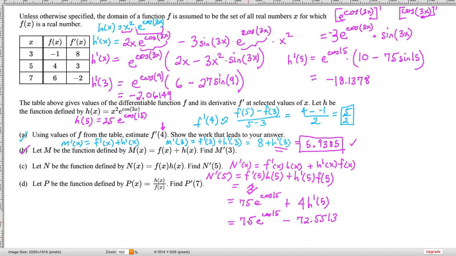So that's going to be 75 times e to the cosine 15, and I'm going to do minus 72.5513. So that value, negative 37.465. And this is okay. This will be your final value. Okay. And this is correct. Both of these answers are correct.